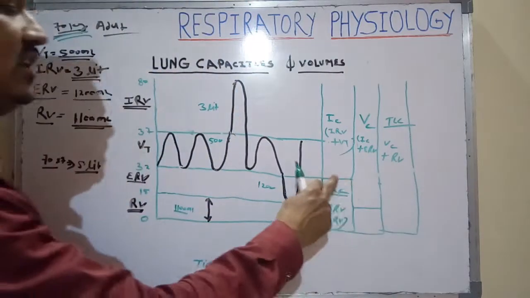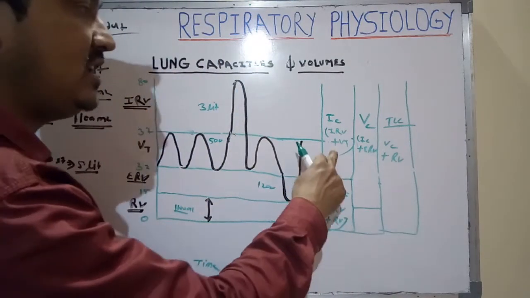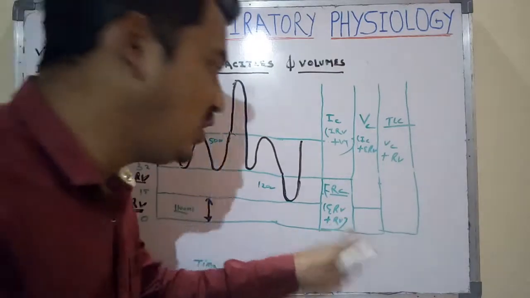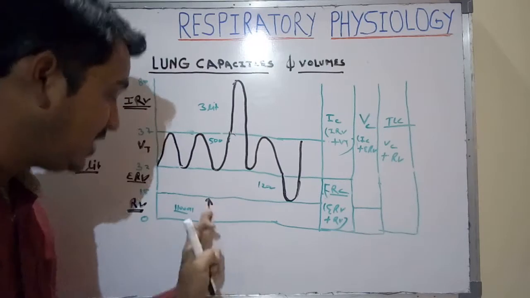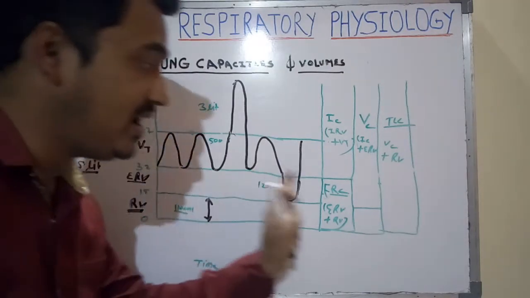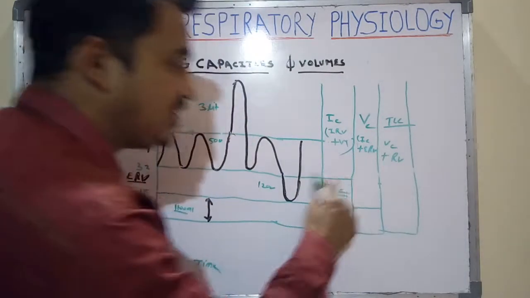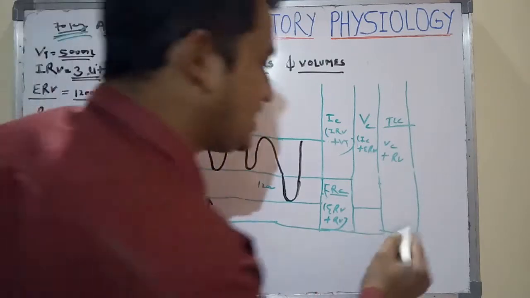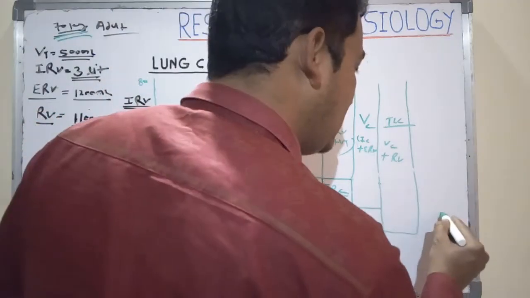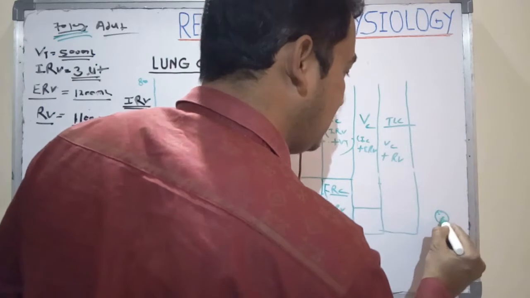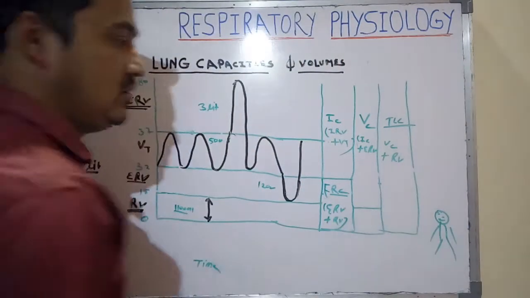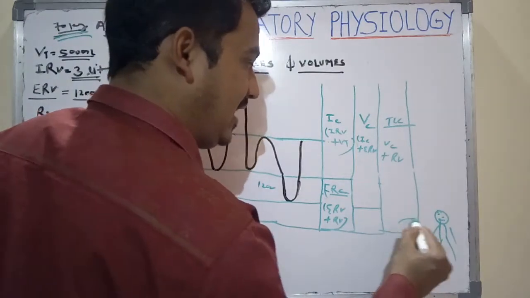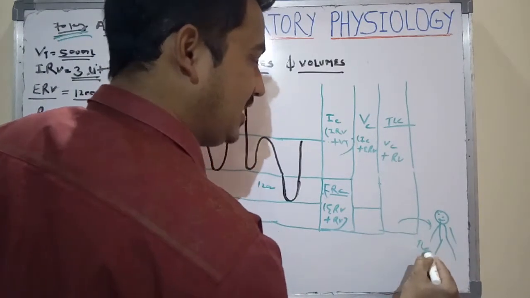Then we get another step where we get inspiratory capacity. That means there is no residual volume as well as no expiratory reserve volume. That is, functional residual capacity is not there. So this is like steps. If someone is climbing here, at first step he will get TLC, total lung capacity.